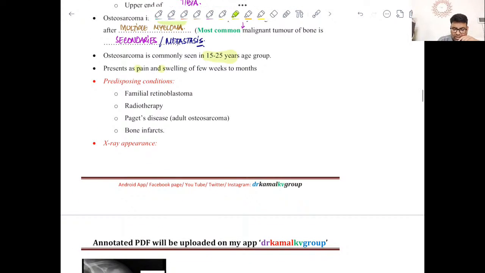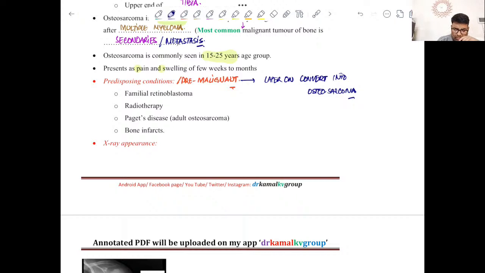Now there are certain conditions which are pre-malignant. When I say pre-malignant, it means these conditions can later on convert into osteosarcoma. These are the pre-malignant or predisposing conditions.